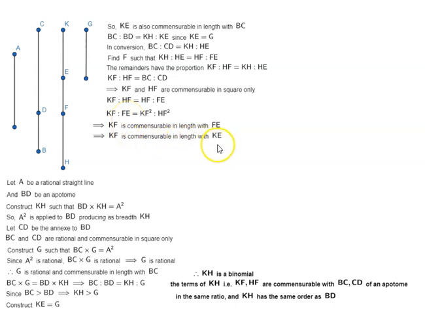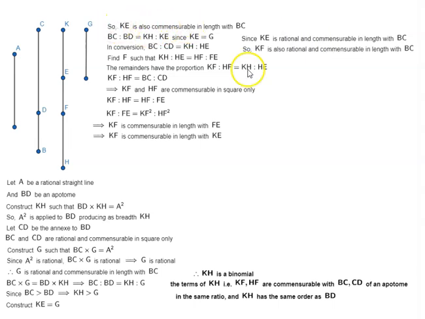KF is commensurable in length with KE. Why? Because KF is commensurable with FE. That means that the other part will also be commensurable with the whole. So KF is commensurable with KE as well. Since KE is rational and commensurable in length with BC, that means KF is also commensurable in length with BC, because KF is commensurable with KE.